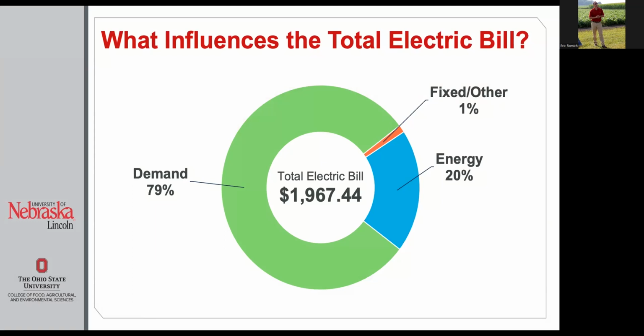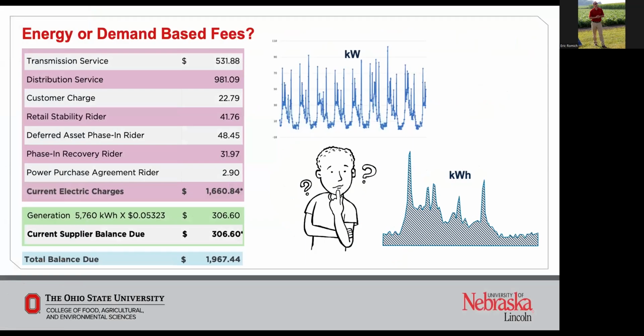This monthly bill that we were looking at was just over $1,900, and basically 79% of that was based on peak demand. We dove into the details of where the energy charges were last week. Today, we're going to go through these line items and really look at where the demand charges rest within this bill.